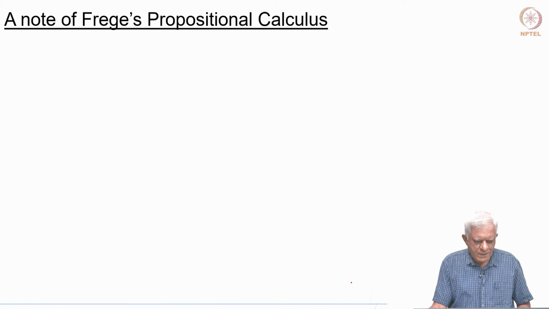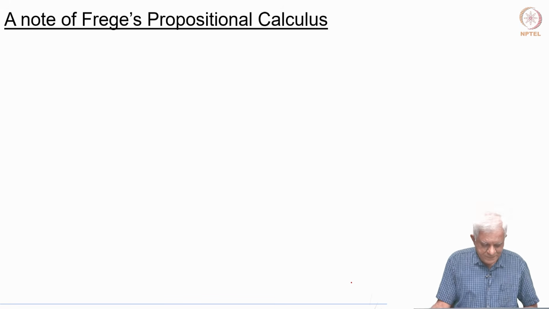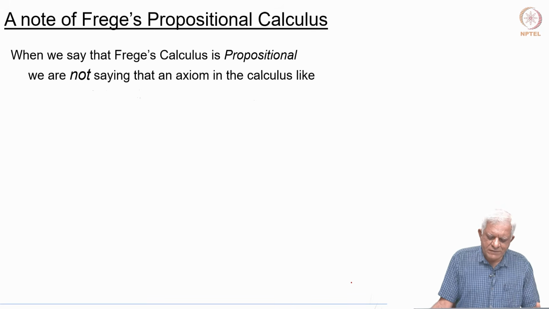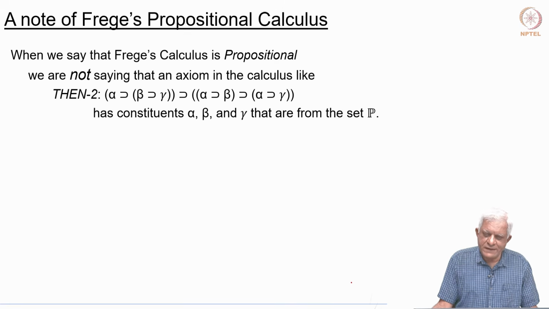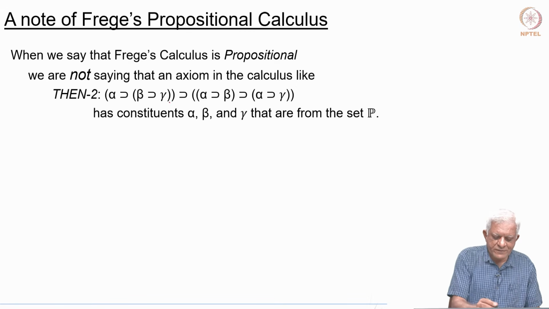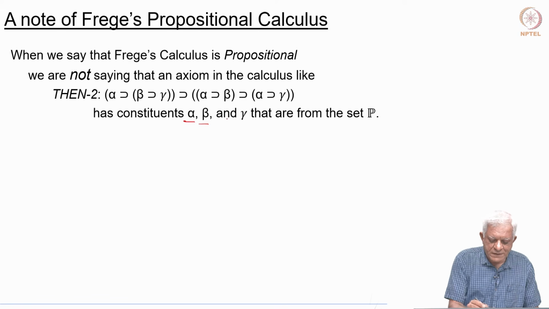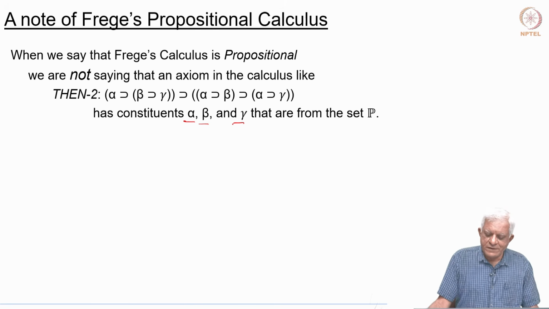So, a note on Frege's propositional calculus. When we say that his calculus is propositional, we are not saying that the axioms are made of atomic formulas. We are not saying that an axiom has constituents alpha, beta, gamma that are atomic formulas. Those axioms simply say that these are variables.